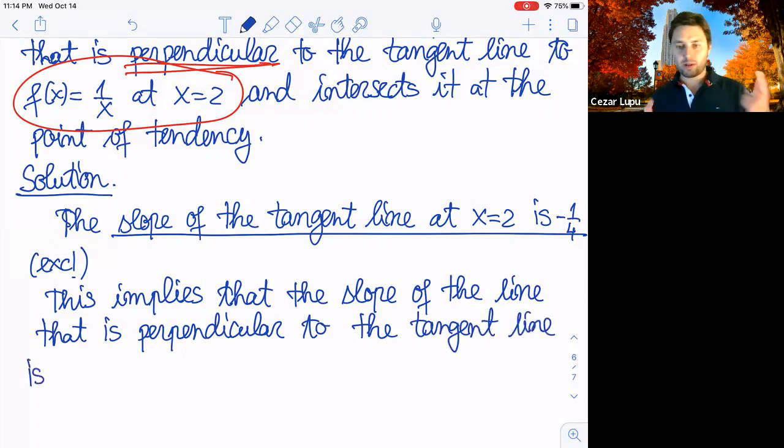We know that the product of two slopes is -1, but one slope is -1/4, so this other slope will be 4. Right? Keep that in mind.